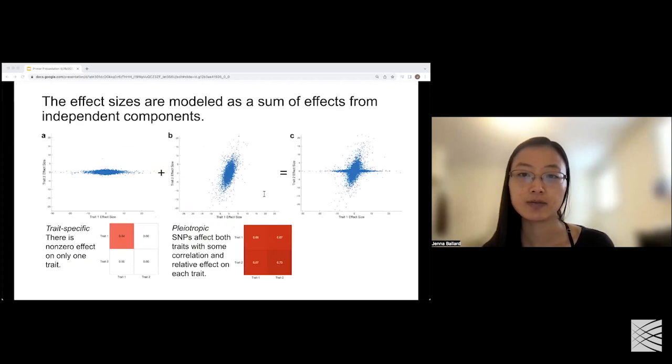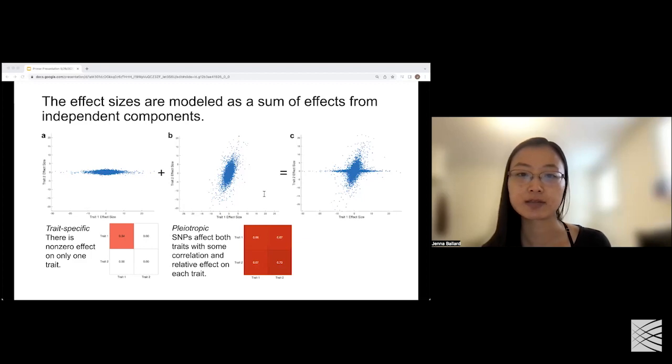The main types of components that we're modeling are trait-specific, shown by scatterplot A, and pleiotropic, as shown in scatterplot B. Trait-specific components consist of SNPs with non-zero effect on a single trait. The one in panel A is therefore trait 1 specific. Pleiotropic components consist of SNPs that can affect multiple traits with various correlations and relative effects on each trait.